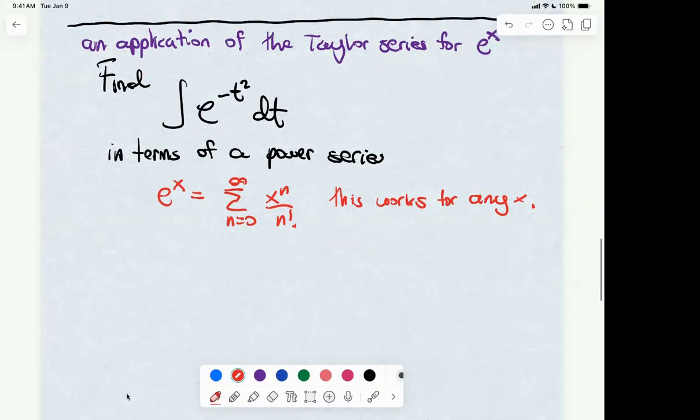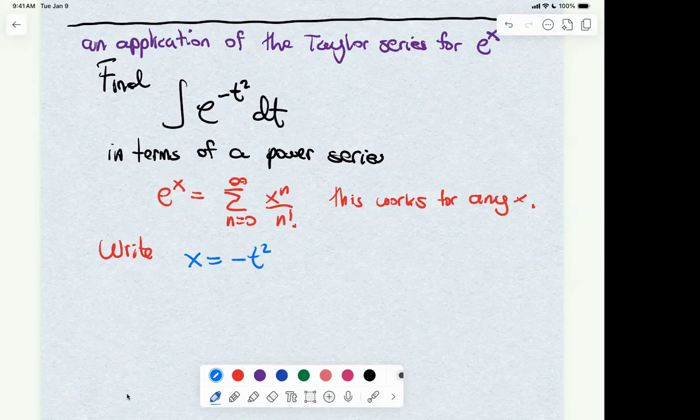So you can just choose to write x as minus t squared. And that gives you an expansion for e to the minus t squared.